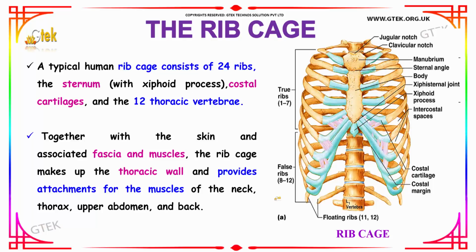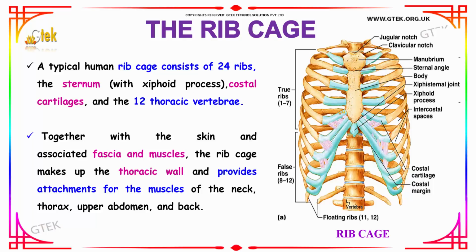A typical human rib cage consists of 24 ribs in total, which includes the sternum with the xiphoid process, that is, this portion is your xiphoid process, and the costal cartilages, and 12 thoracic vertebrae, together with the skin and the associated fascia and muscles.